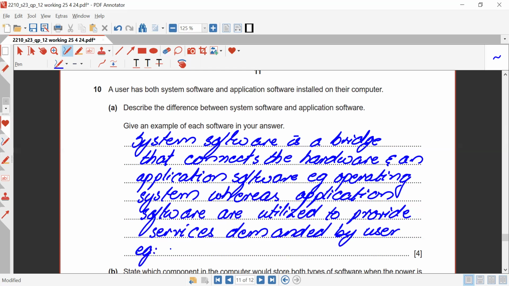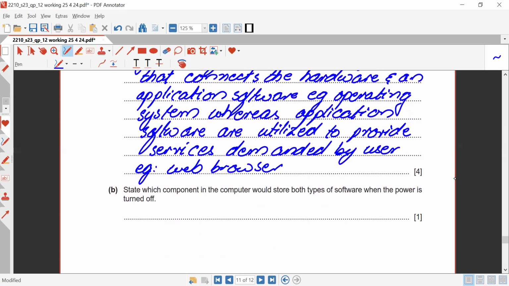Example, web browser. But I haven't named the web browser, like I haven't said Google or Mozilla or Opera. So that's the thing.